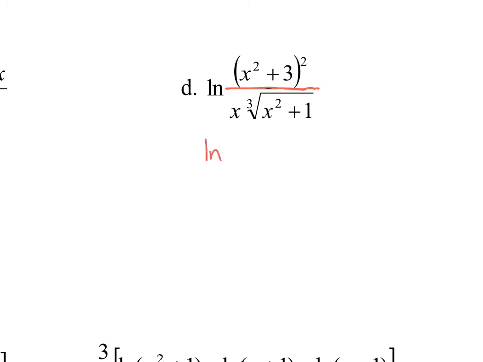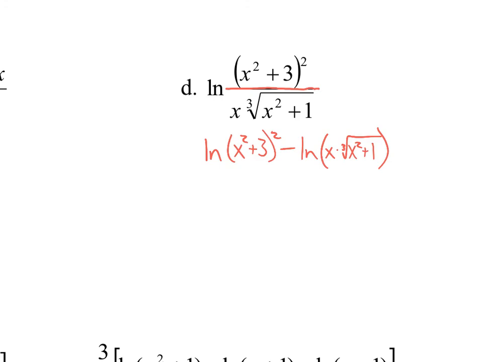So let's make it ln of x squared plus 3 squared minus ln of x times the cube root of x squared plus 1. Yeah, that's the cube root.